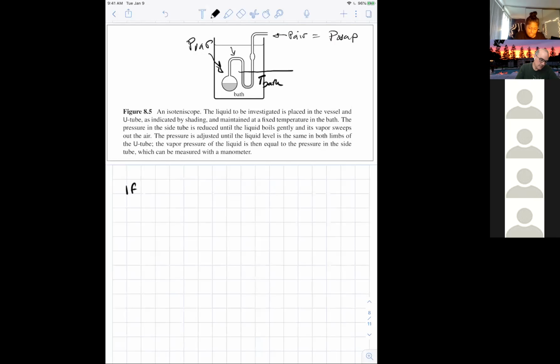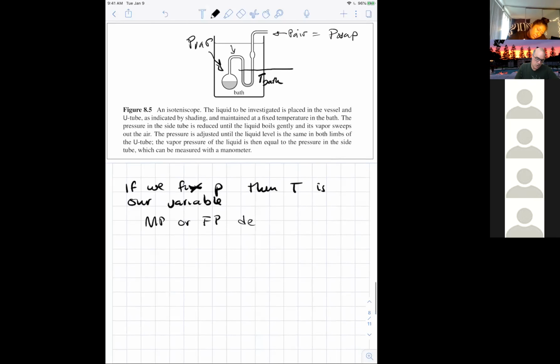Let's talk about fixing the pressure. If we fix the pressure, then T is our variable, and we define the melting point or freezing point to denote the equilibrium between the solid and the liquid.